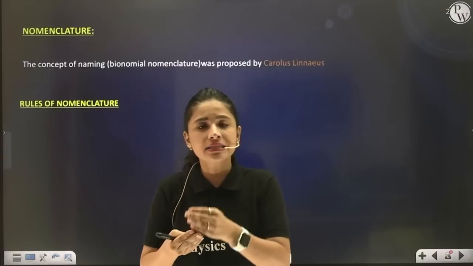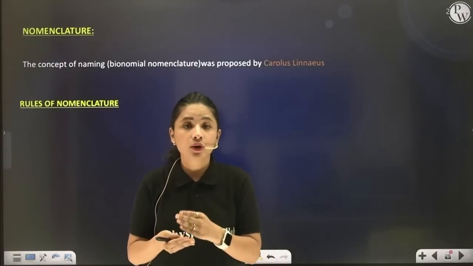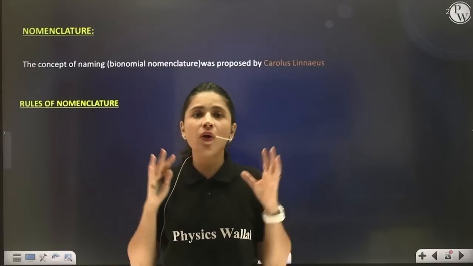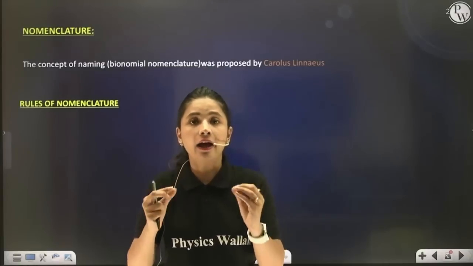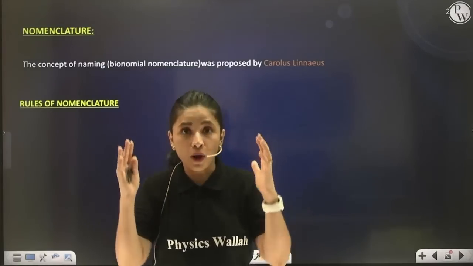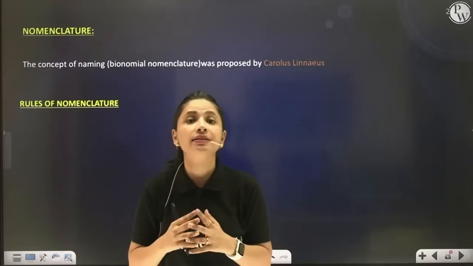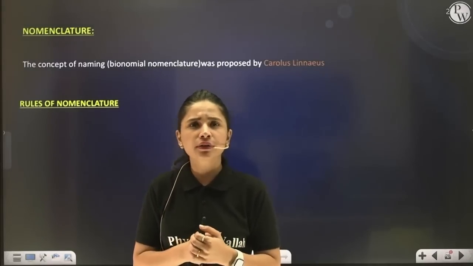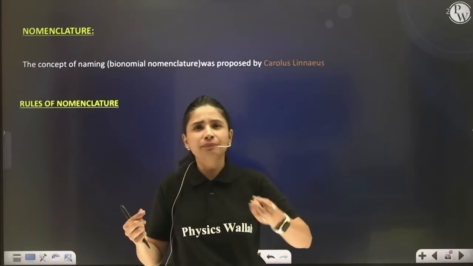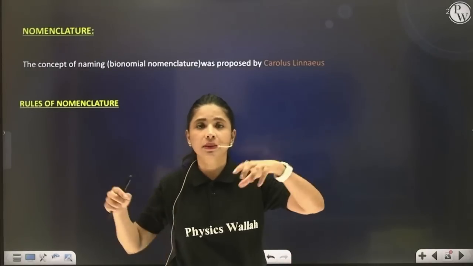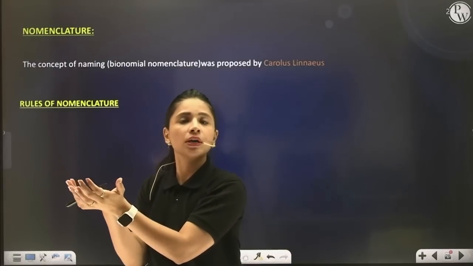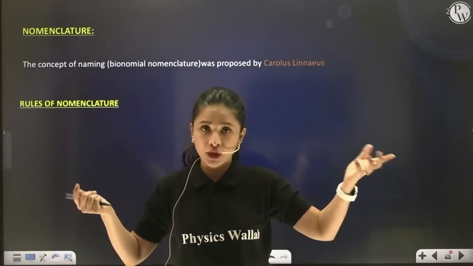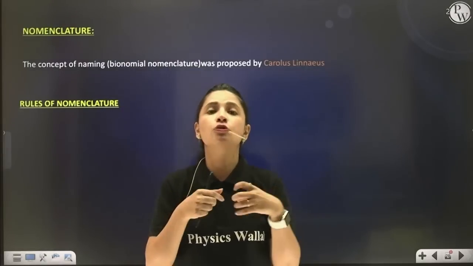Now, why is this important? Because scientists want that all the organisms should have well-defined proper names which are globally accepted. Local and vernacular names, bacho, were creating confusion. For example, if an organism is named something in one part of the world and the same organism is named something else in the other part of the world, so one organism was having so many names.